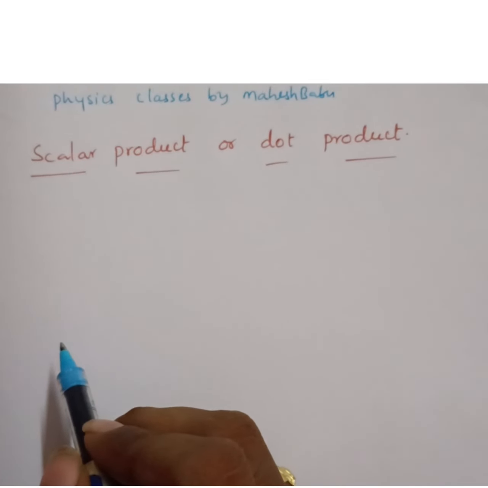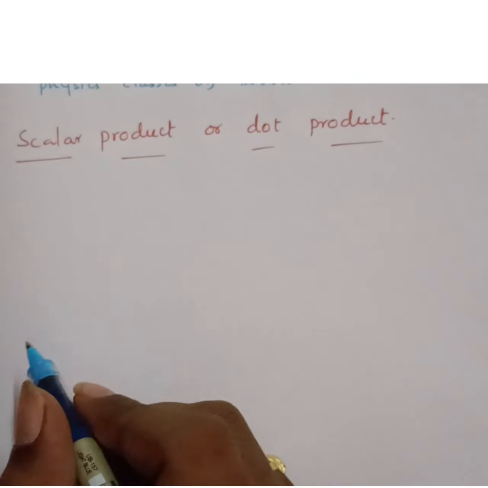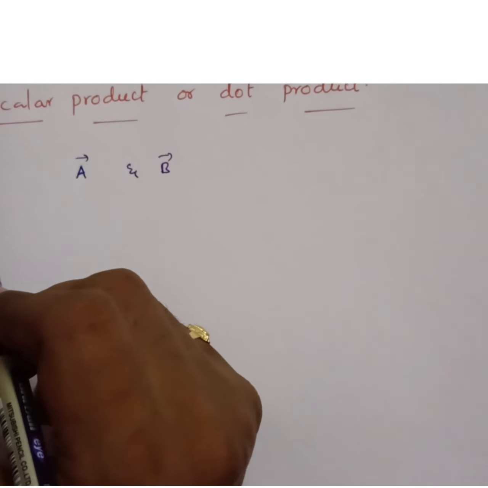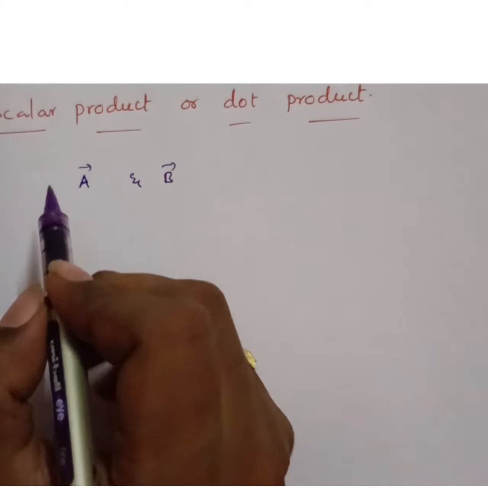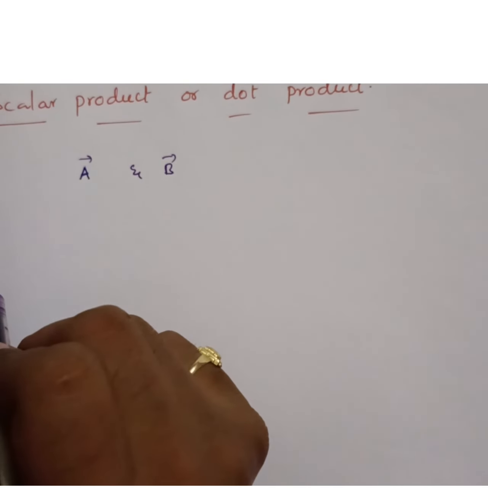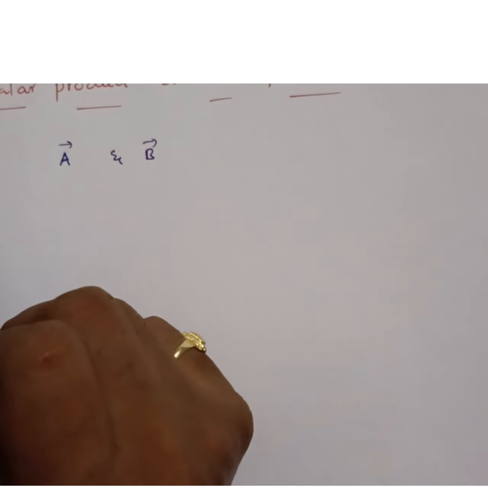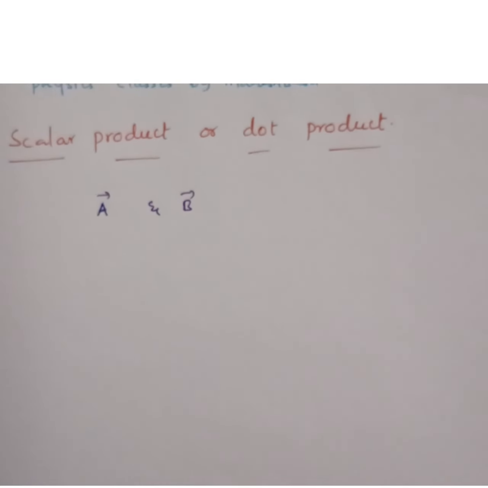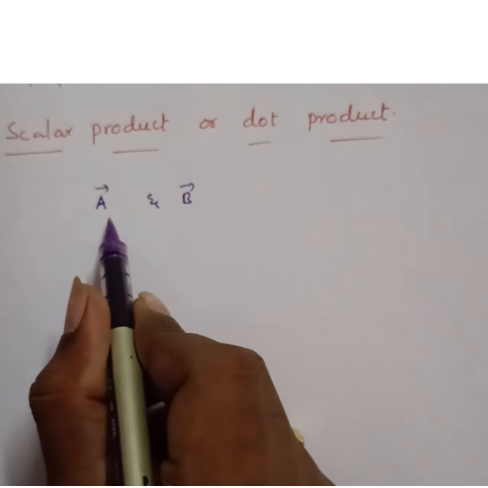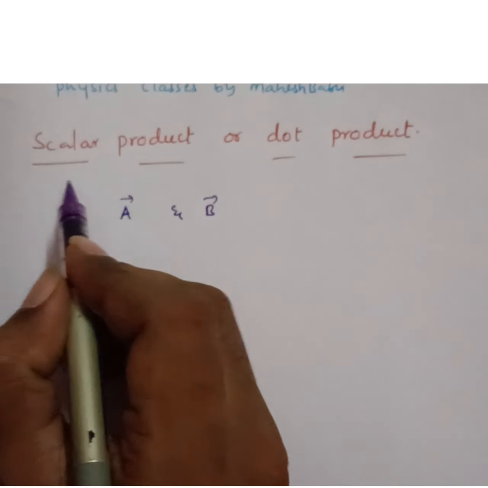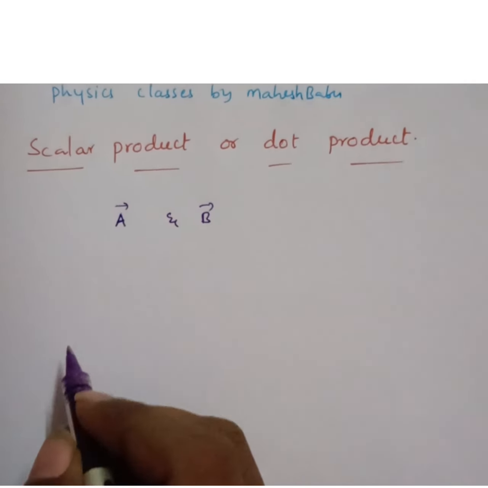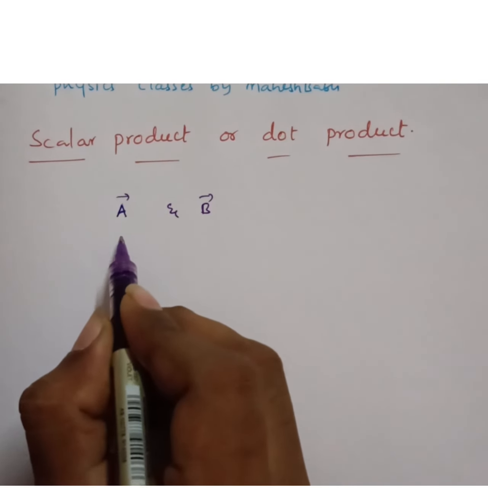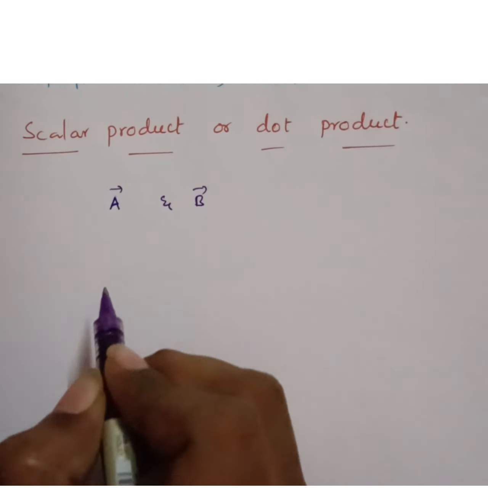Now if two vectors a bar and b bar are non-zero vectors, their scalar product is the product of their magnitudes.